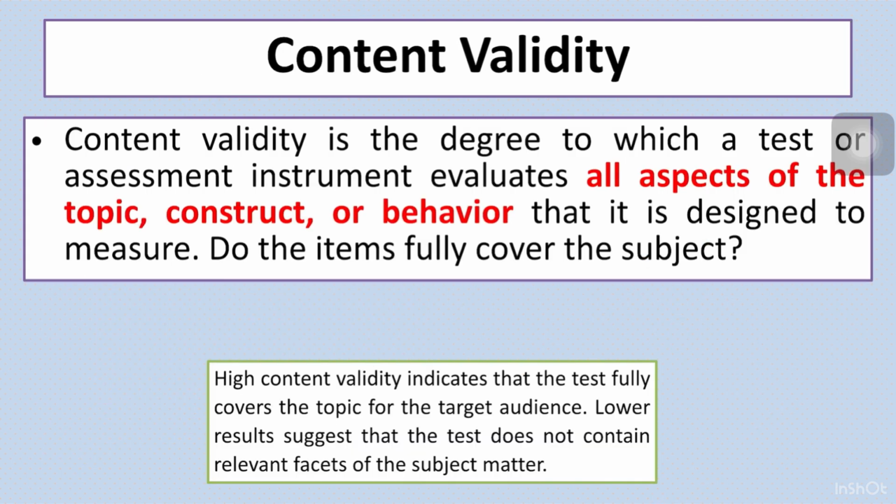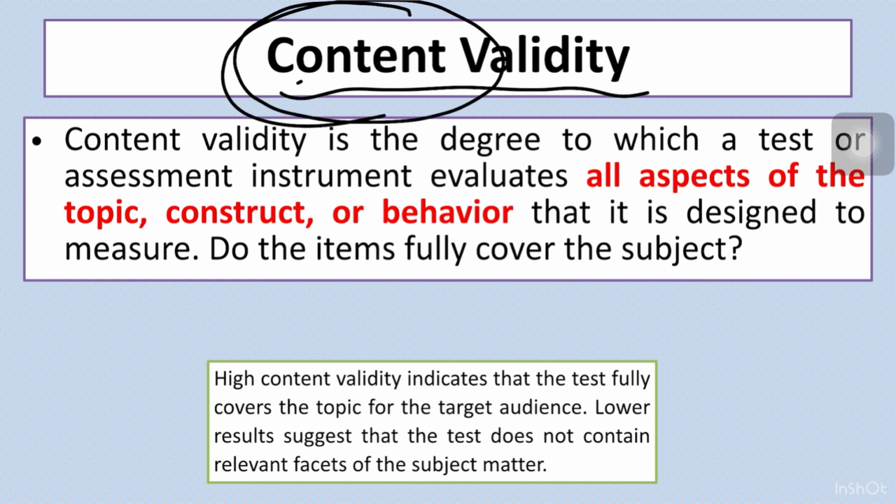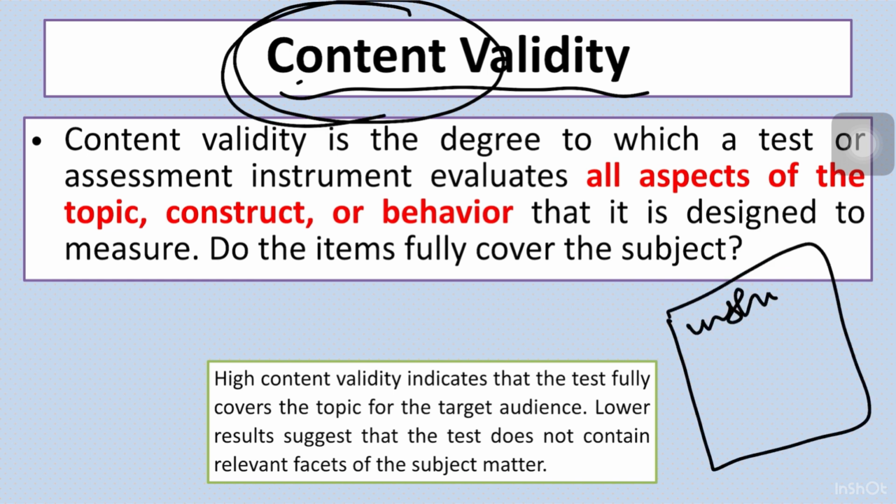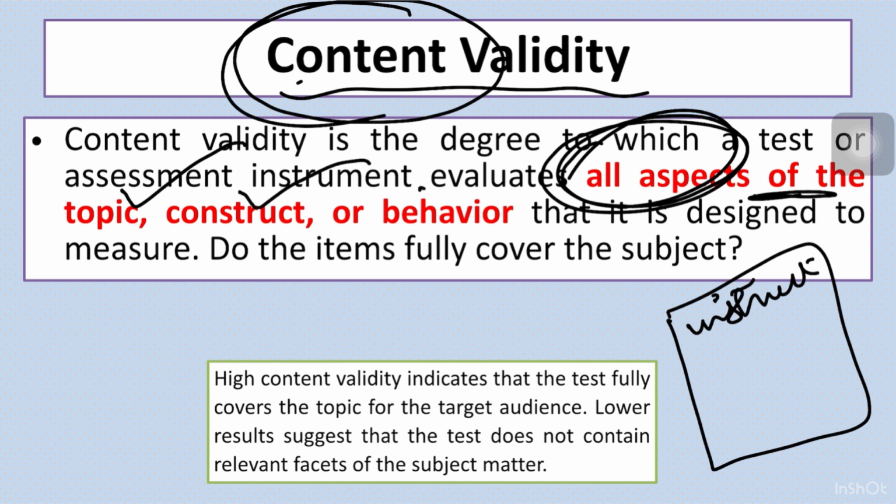Now the next type of validity is content validity. As the name suggests, if you are using any type of instrument, it should include all the aspects of that particular topic, construct or behavior that you are going to measure and collect the data for.